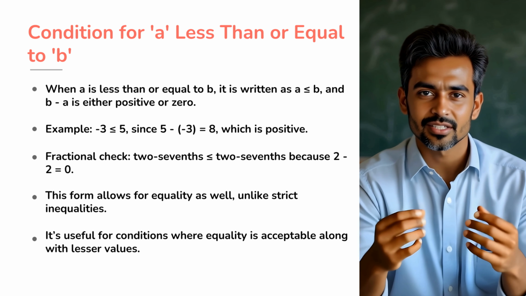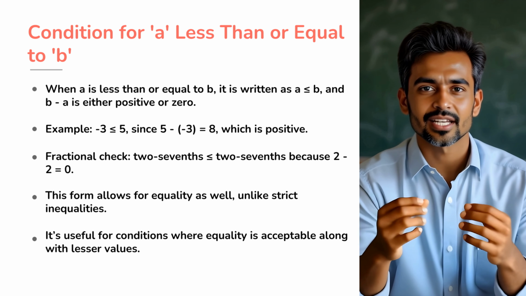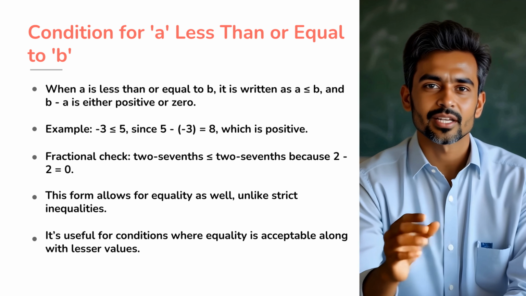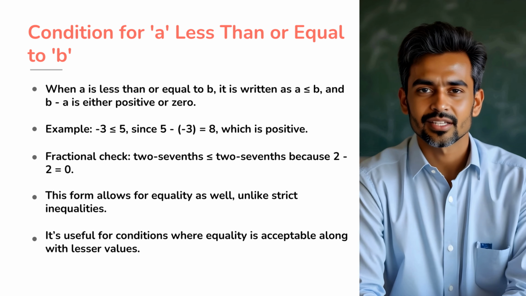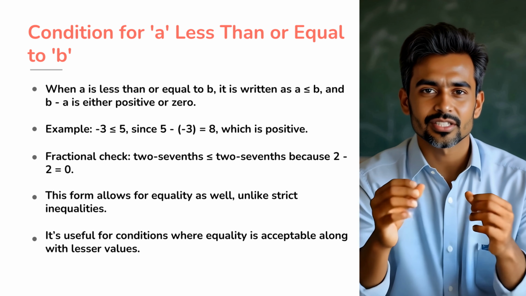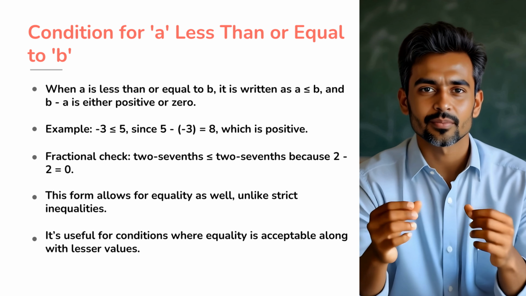Let's try equality. 2 divided by 7 is less than or equal to 2 divided by 7. That's because 2 minus 2 equals 0, and 0 is allowed in this case. This inequality allows for both comparison and equality. So if B minus A equals 0 or is greater than 0, then A is less than or equal to B.